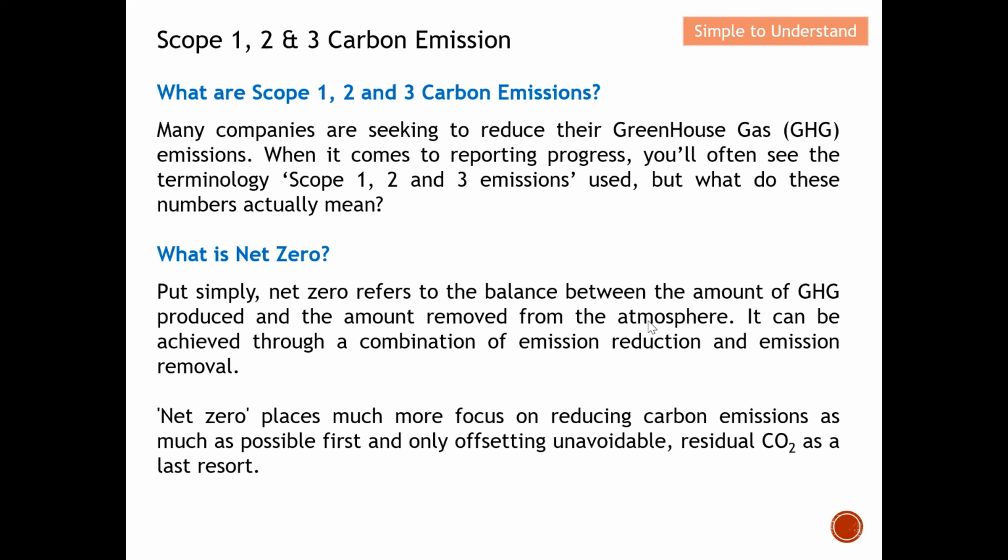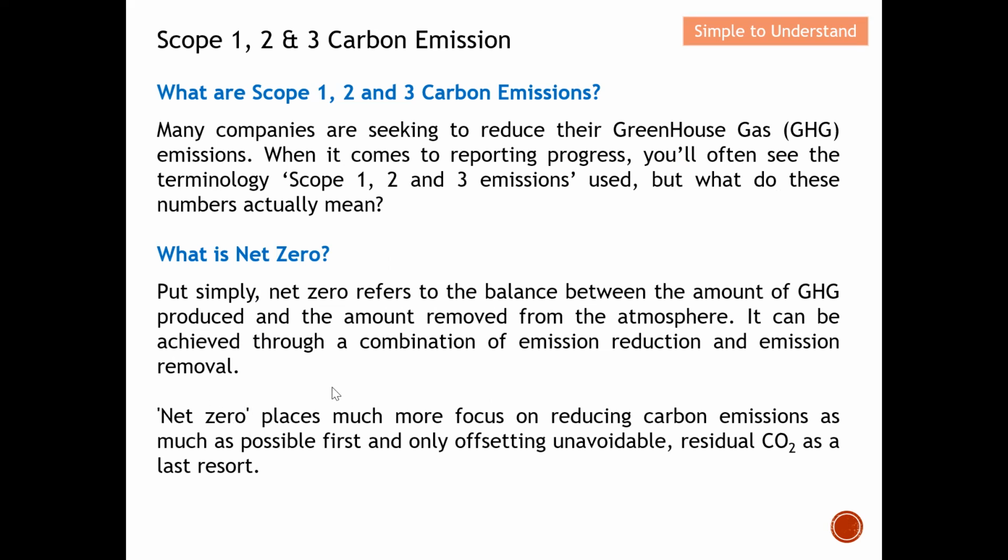For example, when we do any activity, we contribute CO2 to the atmosphere. So we must think about how to remove the same amount of CO2 that we contribute. We create CO2 and we also find a way to remove this amount of CO2, hence it becomes net zero. It can be achieved through a combination of emission reduction and emission removal.